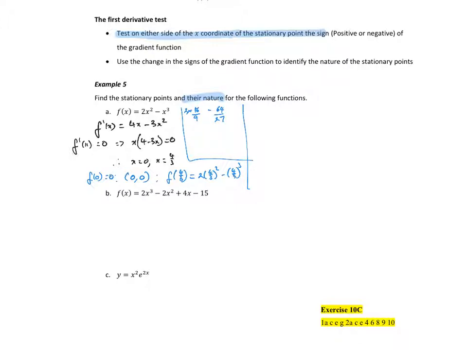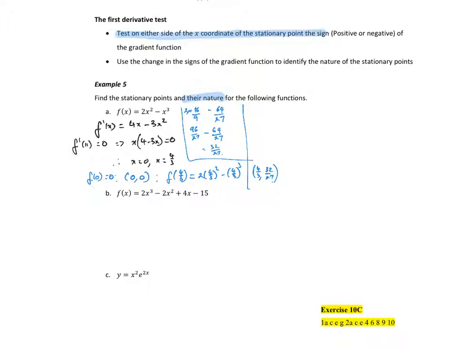So it's 32 on 9, make them both on 27. So 32 times 3 is 96 on 27, minus 64 on 27, which is 32 on 27. So that coordinate becomes (4/3, 32/27).